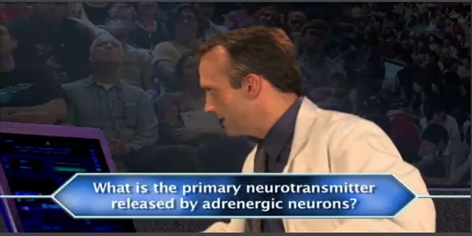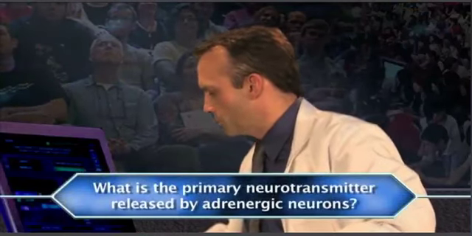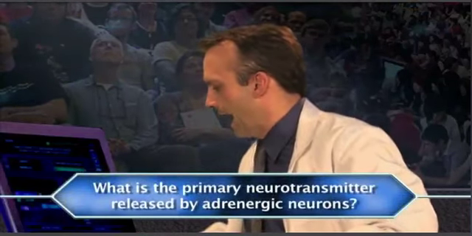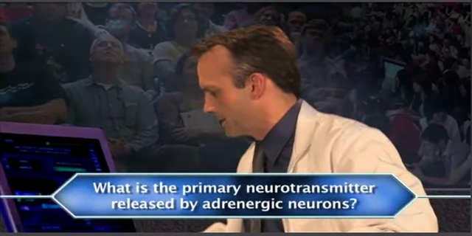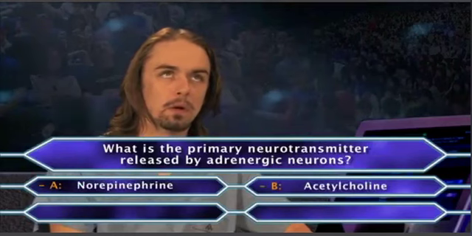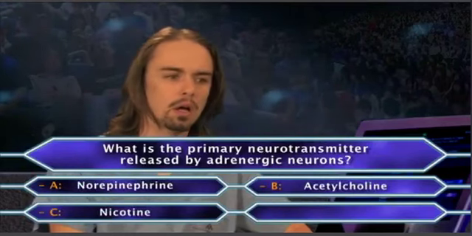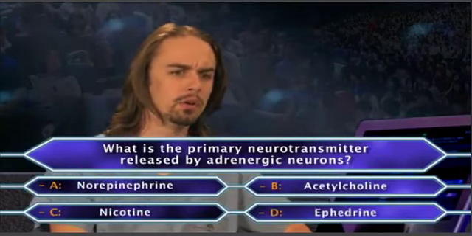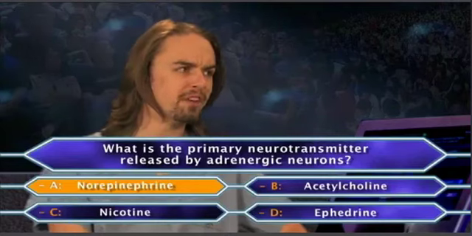Okay, Michael, for $100, what is the primary neurotransmitter released by adrenergic neurons? A, norepinephrine. B, acetylcholine. C, nicotine. Or D, ephedrine. Norepinephrine? Is that your final answer?